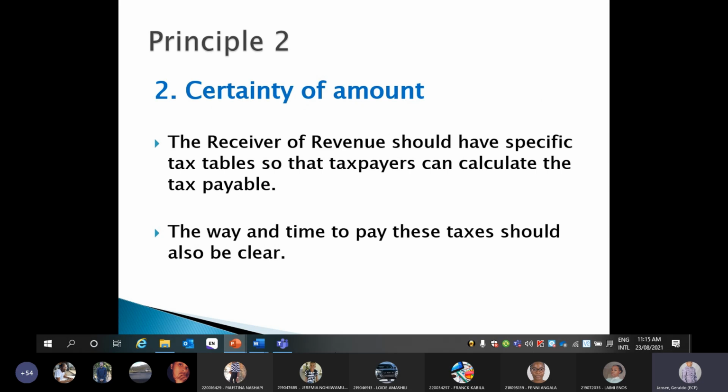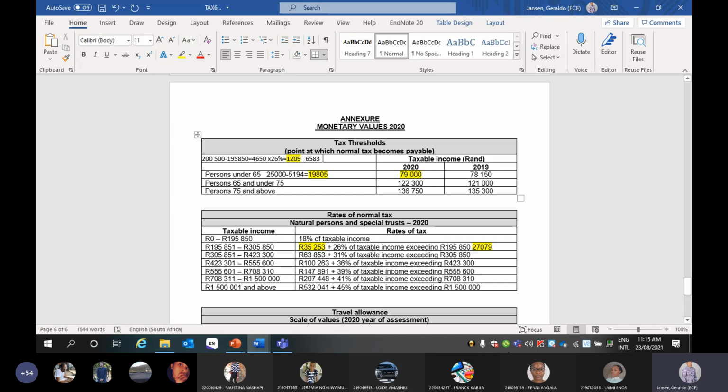The second principle is certainty of amount. So someone paying tax should always be sure of the amount. And guys, that is why government fixes these tables every year. These tables, you will find anywhere. You will find them on Google. The government will make announcements.